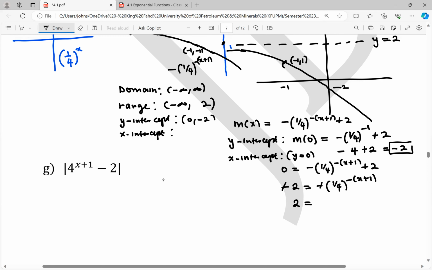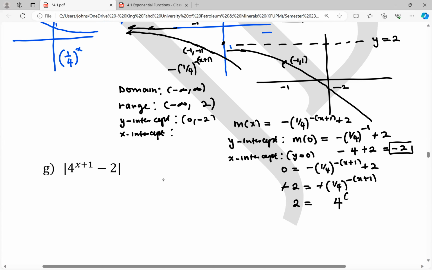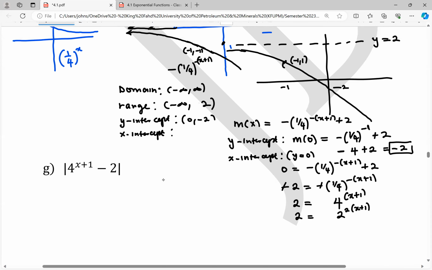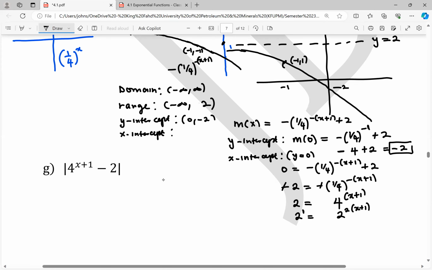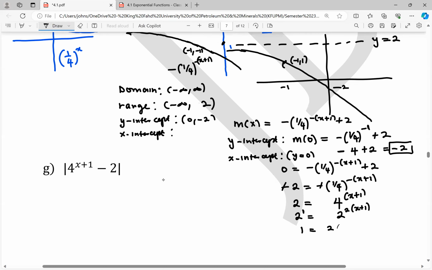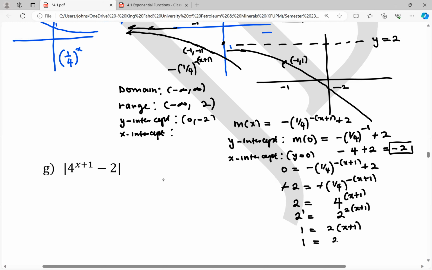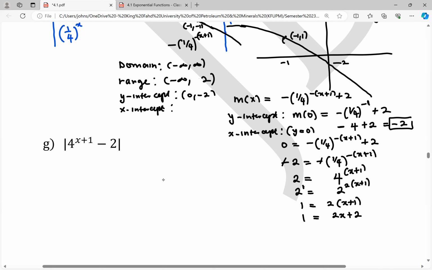Because of this minus, I can just write this as 4 to the power x plus 1. So now 2 equals this. We can write it as 2 to the power 2 into x plus 1. So we can drop the base. This is 2 to the power 1, so 1 equals 2 into x plus 1. So 1 is going to be 2x plus 2, right? So 1 minus 2, which is minus 1, equals 2x. So x is minus half.